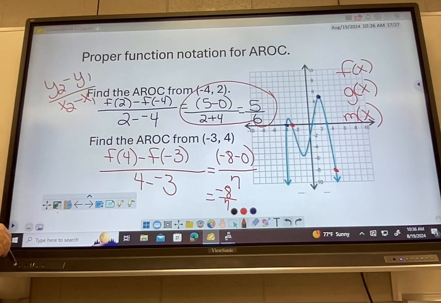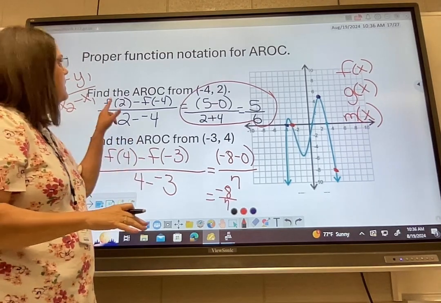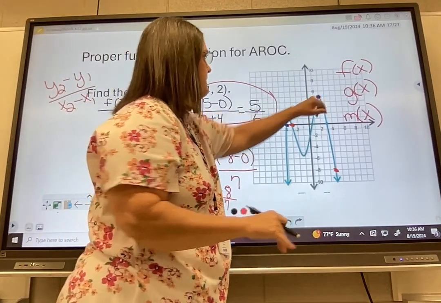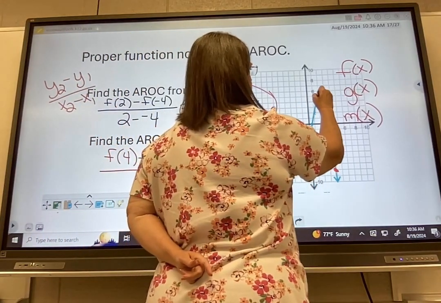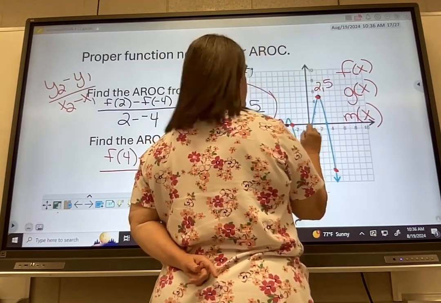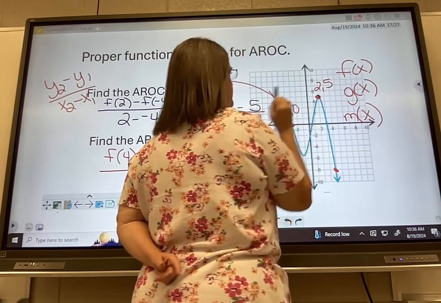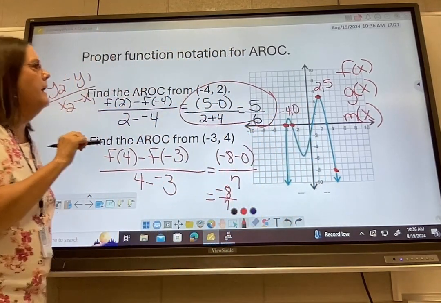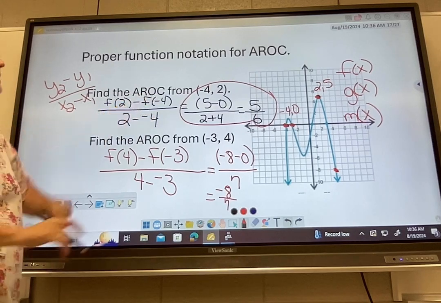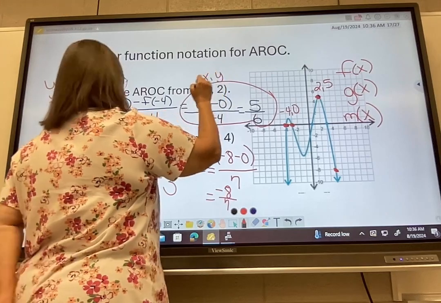However, we have to write it properly. So f of 2. Here is f of 2, this is 0.25. And then -4, that is the point -4, 0. So what I will write is f of 2 minus f of -4, because this is x1, y1.